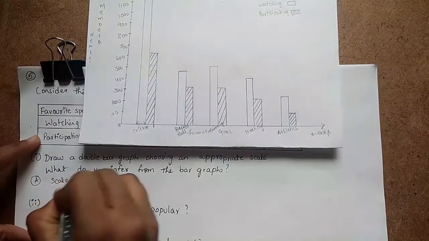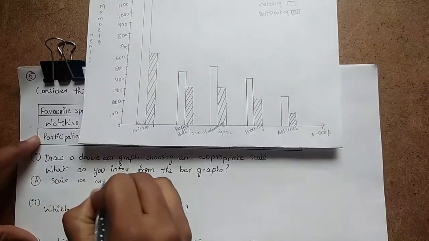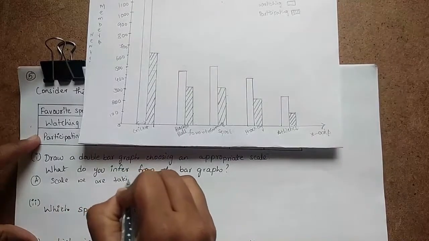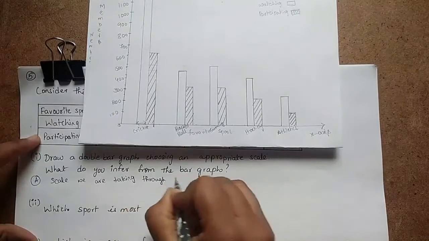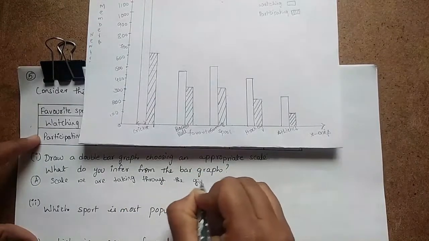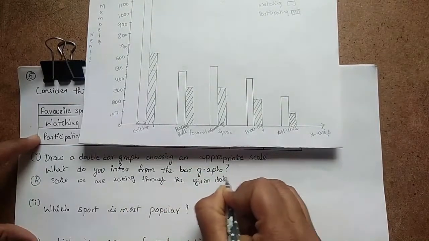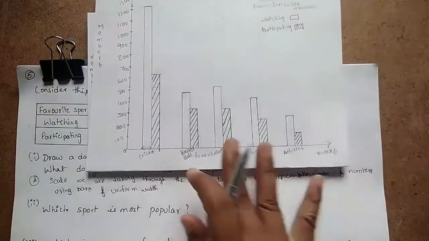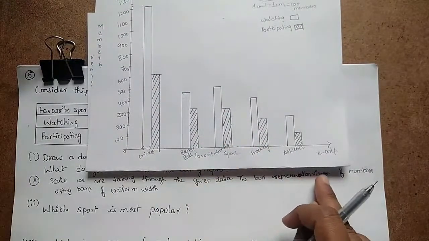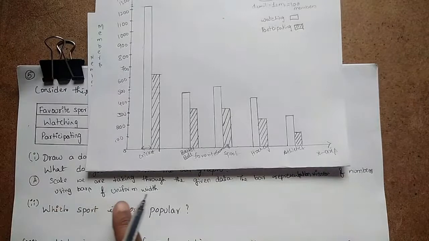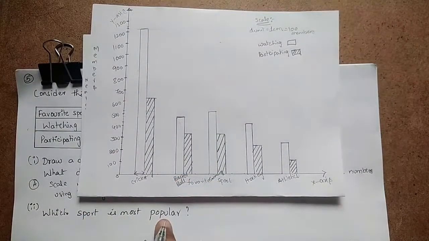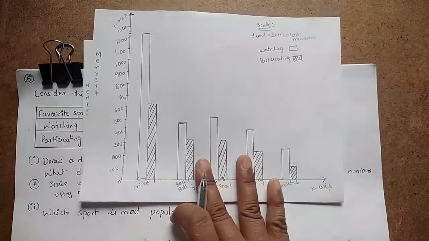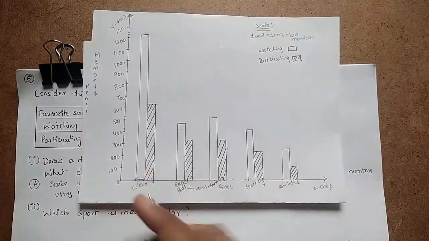Scale we are taking through the given data. So the bar graph is a representation of numbers using bars of uniform width. Next, coming to the second, which sport is most popular? See here, in the bar graph we can conclude that easily.